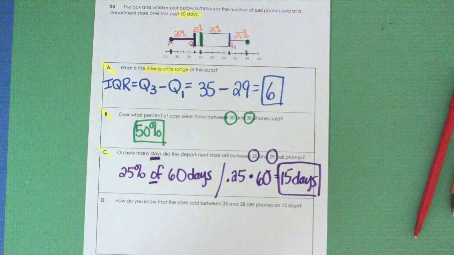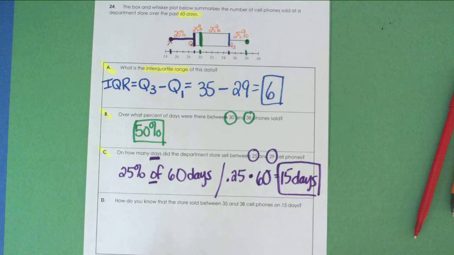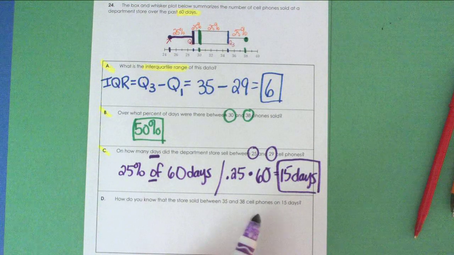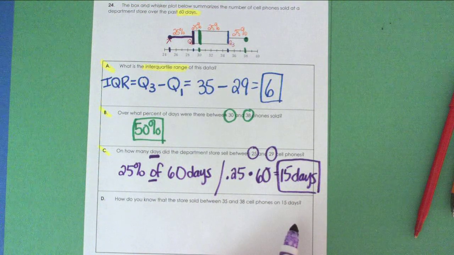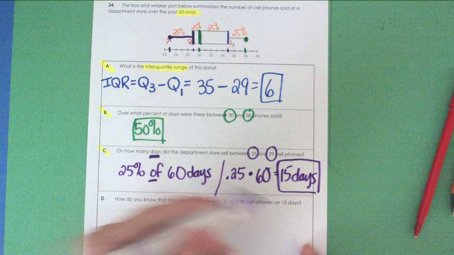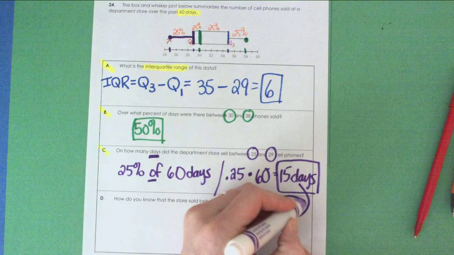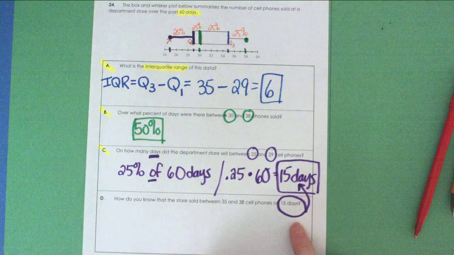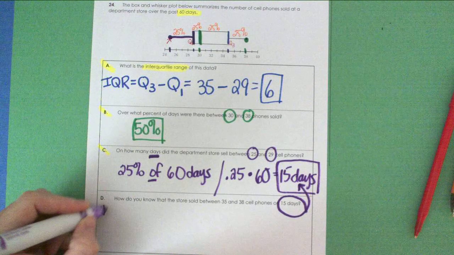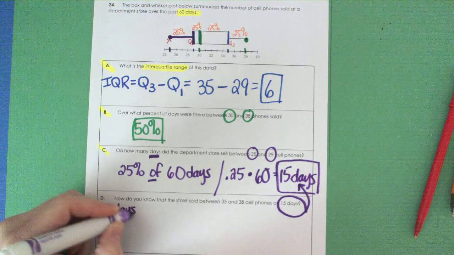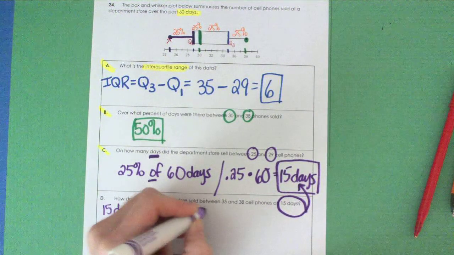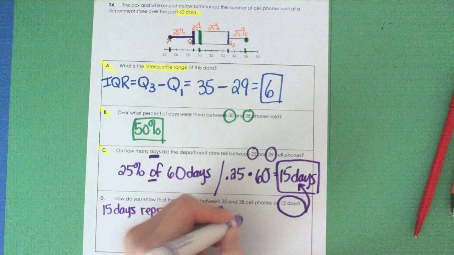And last but not least, part D. How do you know that the store sold between 35 and 38 cell phones on 15 days? Well, let's look at part C and do a little thinking here. I already know that 15 days from right here represents 25% of my data.